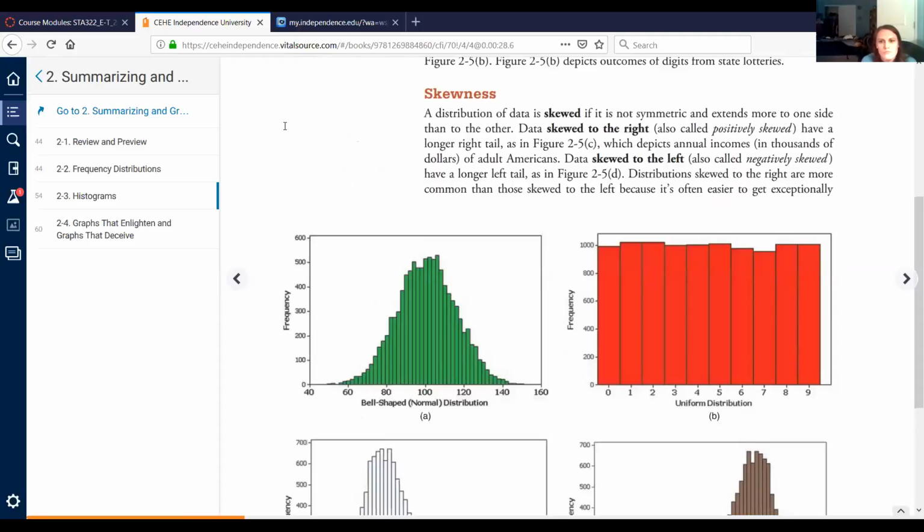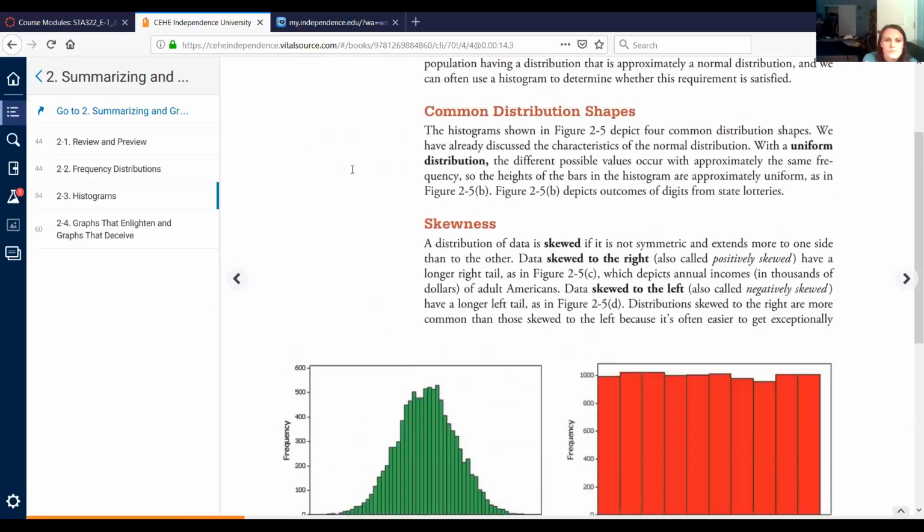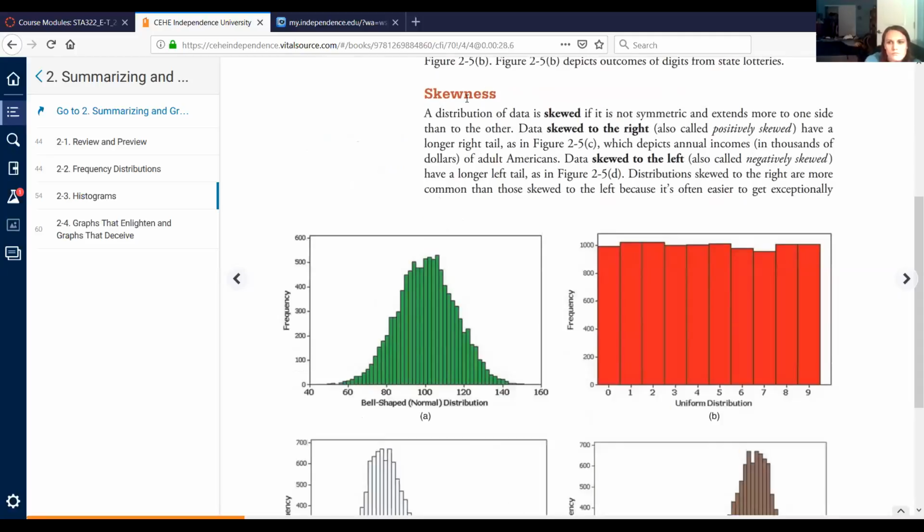And then we look at how the distributions can have different values. We can have lots of other distribution shapes. This one is sort of bell-shaped, and this again is a big data set, lots and lots of numbers here.